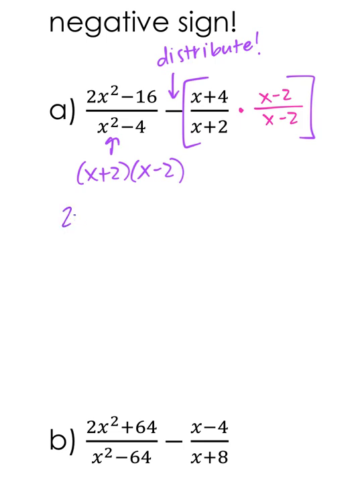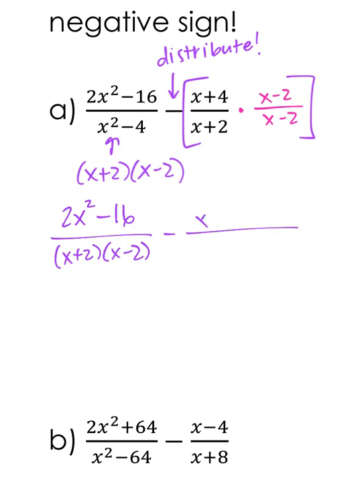So I've got 2x squared minus 16 over x plus 2 and x minus 2. And I'm going to end up with x squared plus 2x minus 8 over x plus 2 times x minus 2.